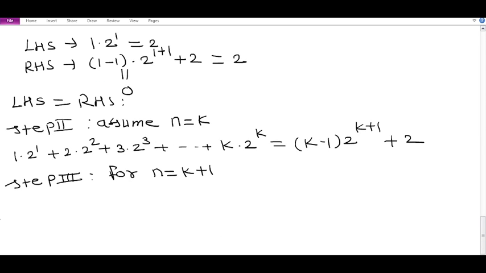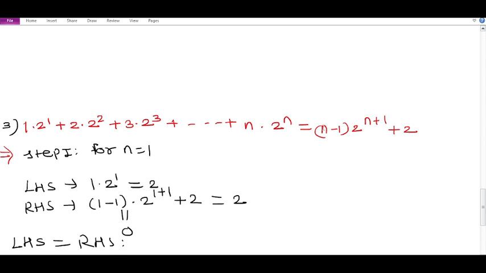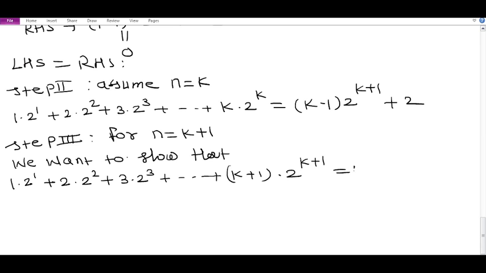We want to show that 1 into 2 raised to 1 plus 2 into 2 raised to 2 plus 3 into 2 raised to 3 plus ... plus (k plus 1) into 2 raised to (k plus 1) is equal to, now put k plus 1 here, (k plus 1 minus 1), that is k into 2 raised to (k plus 2) plus 2. So this is what we want to show here.